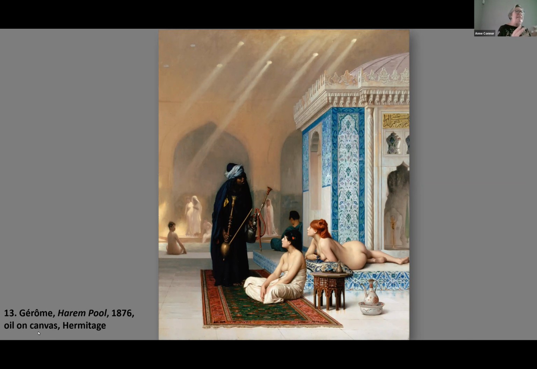So this is the difference with what we have seen between just looking at the East and trying to understand it, as we've seen with Delacroix, for example, who enjoyed the light, enjoyed the colors, the exoticism of things, but not looking down at people.